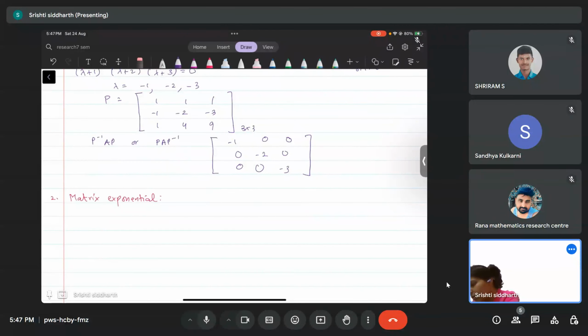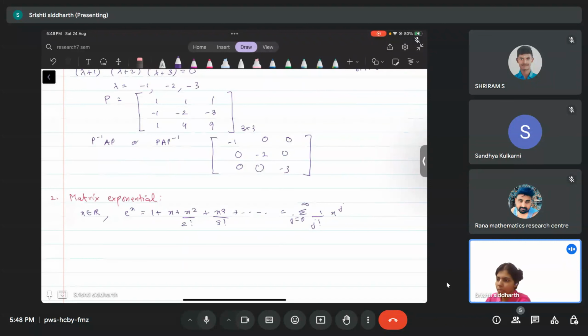So e to the power x, when x is real, we have this: 1 plus x plus x squared by 2 factorial and so on. This is actually the summation over j equals 0 to infinity of x to the power j divided by j factorial.